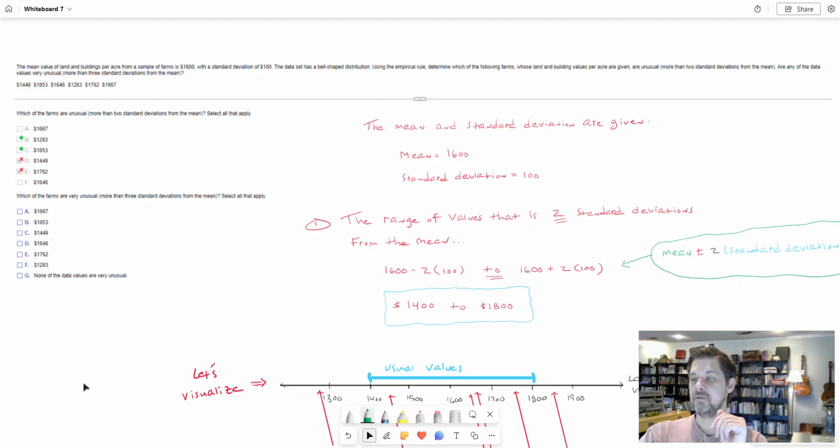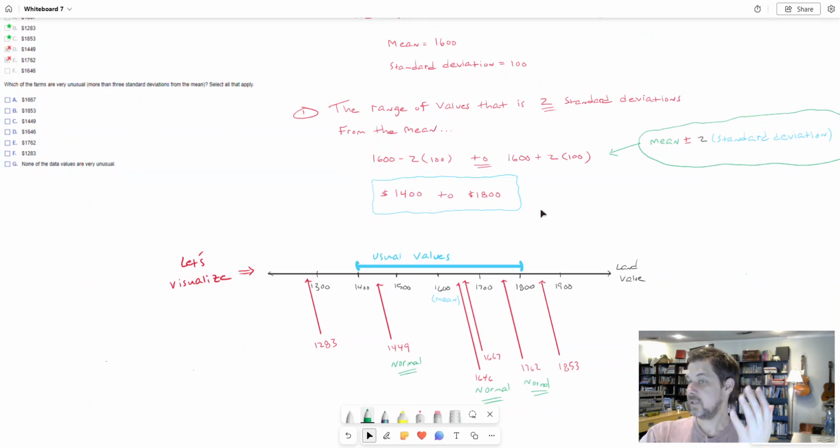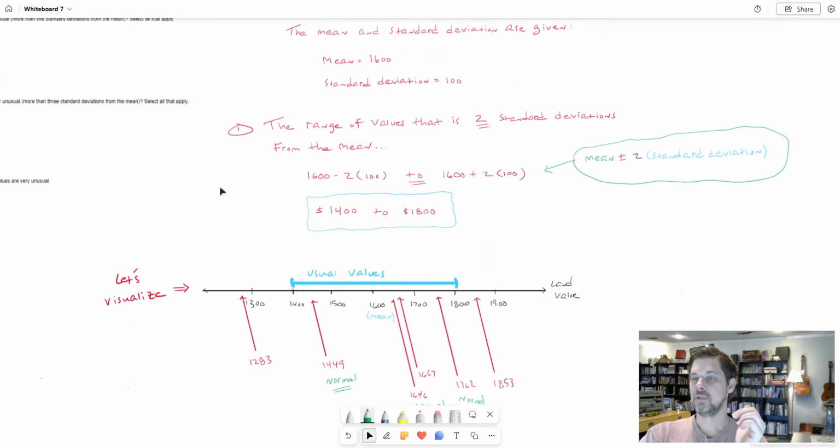So all we need to do is figure out how far away from the mean 2 standard deviations would be. The way that I did that is like this. I take 1600, which is the mean, and I subtract 2 times the standard deviation. That's the low end, 2 standard deviations away on the left, if you think of it like the number line.